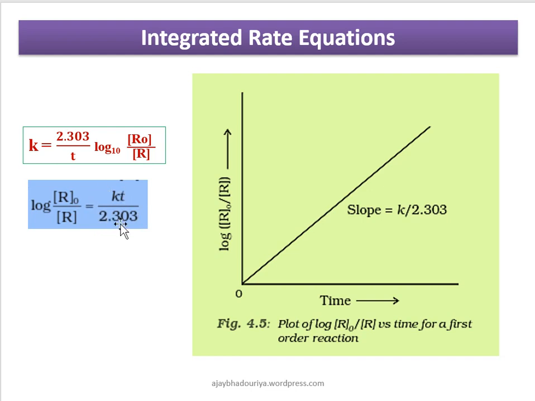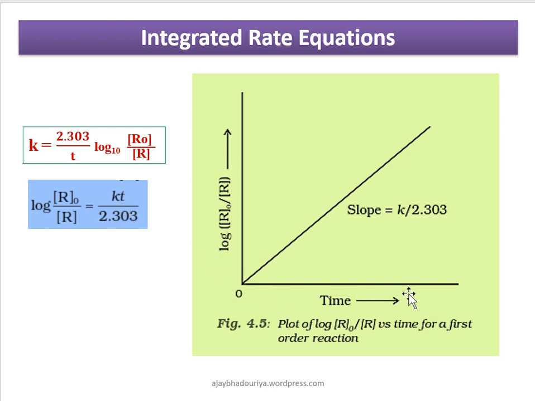So if we plot a graph, on the x-axis you take the time t, and on the y-axis log R0 upon R. You can compare this equation with y is equal to mx plus c, where y is showing log R0 upon R, that is the y-axis, and x is the t.